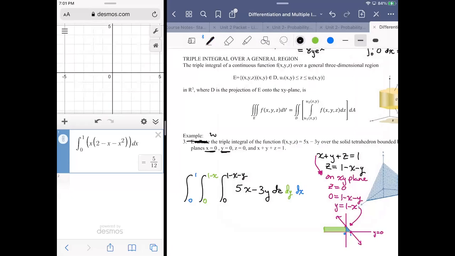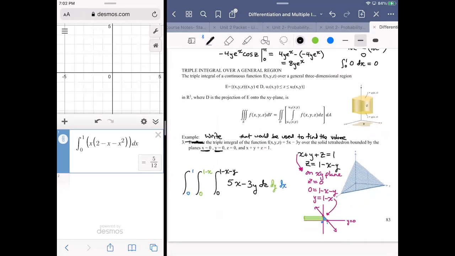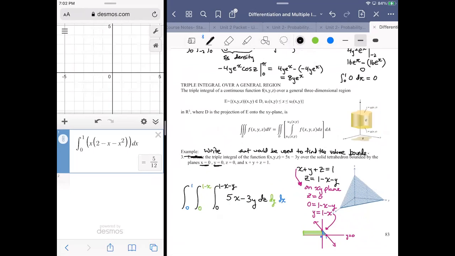Write the triple integral that would be used to find the volume bounded by the function blah blah blah over the solid tetrahedron bounded by blah blah blah.